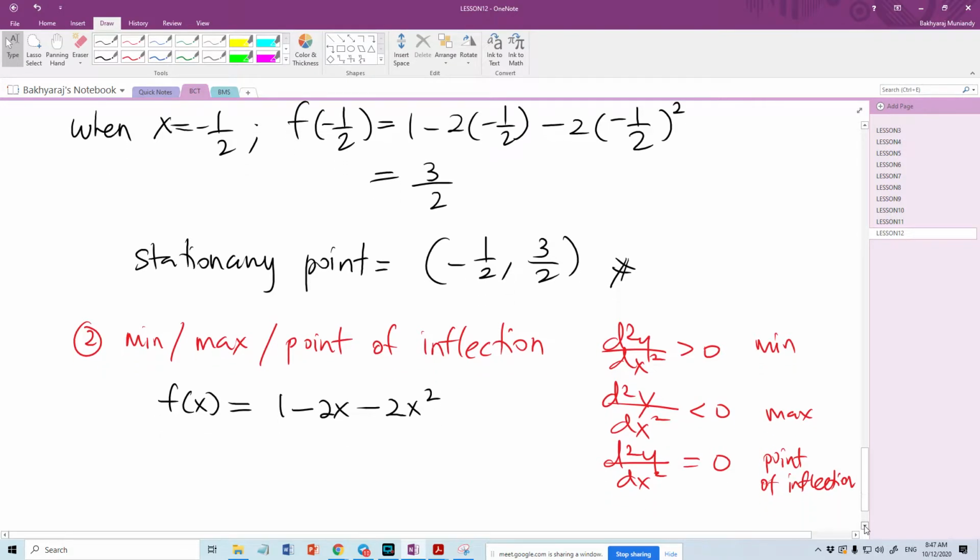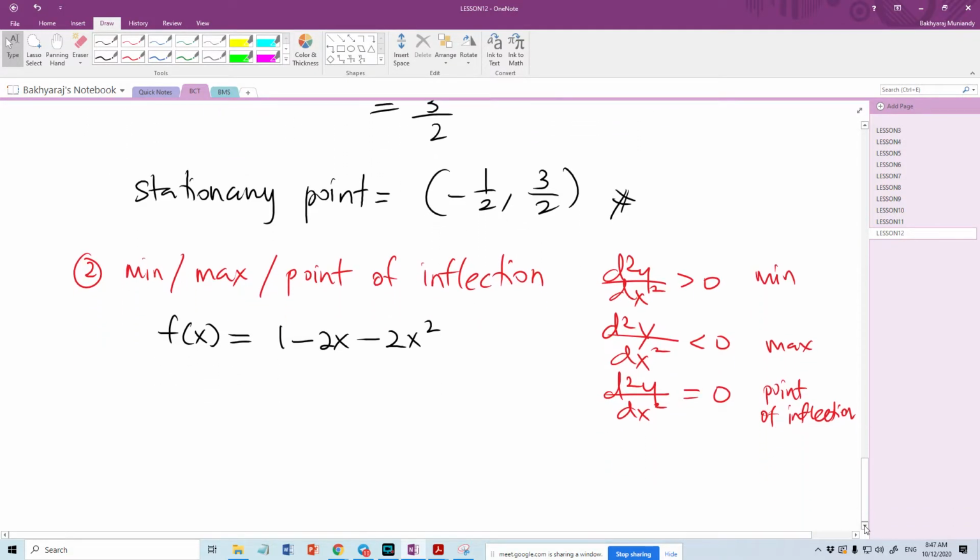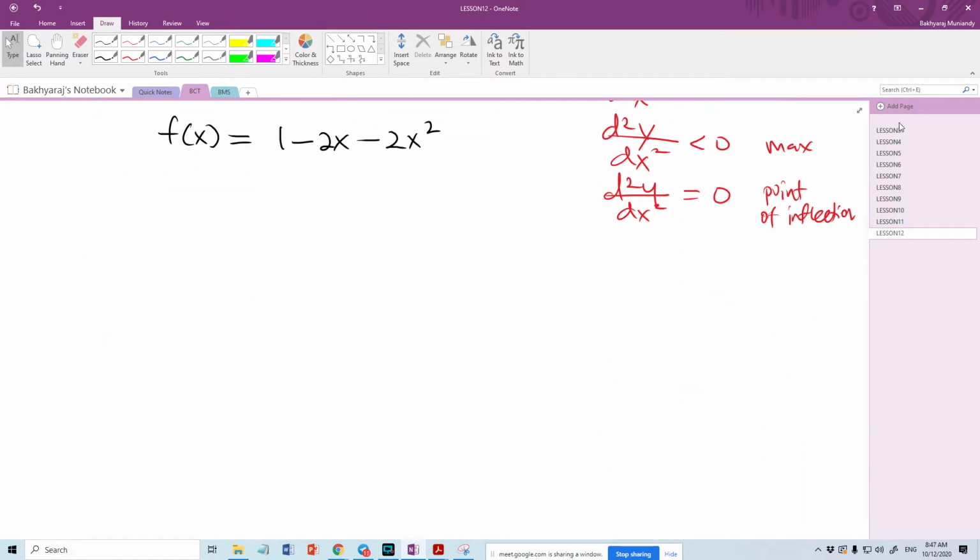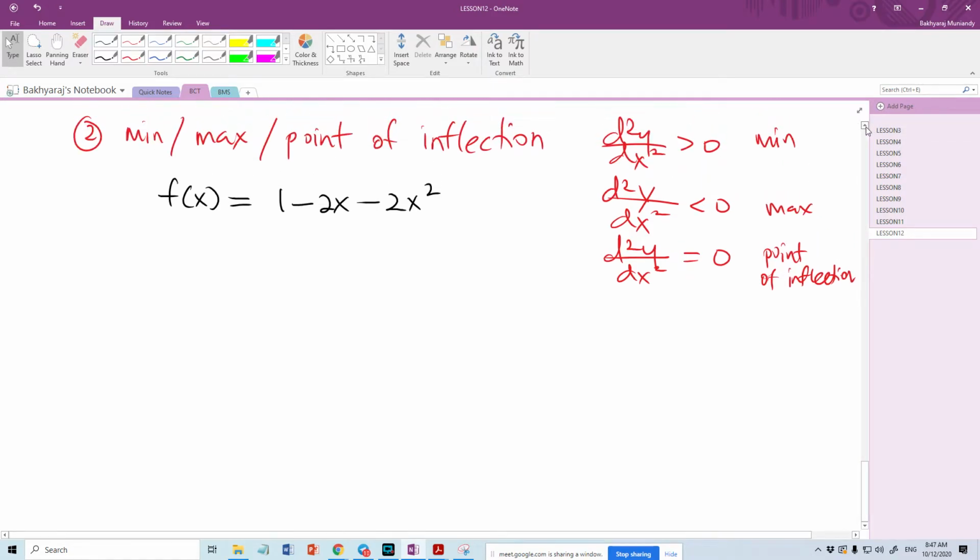First order kita dah dapat tadi. So first order is negative 2 for x, and second order will be equals to negative 4, you get just negative 4.